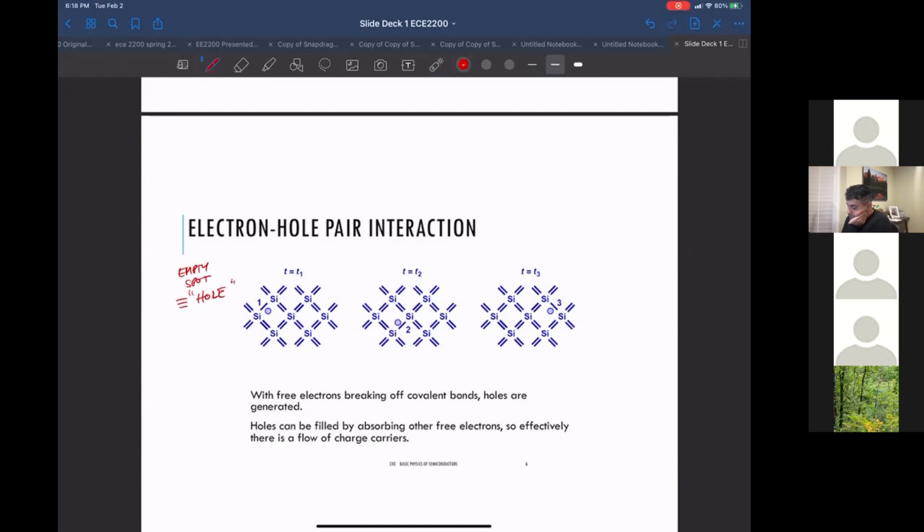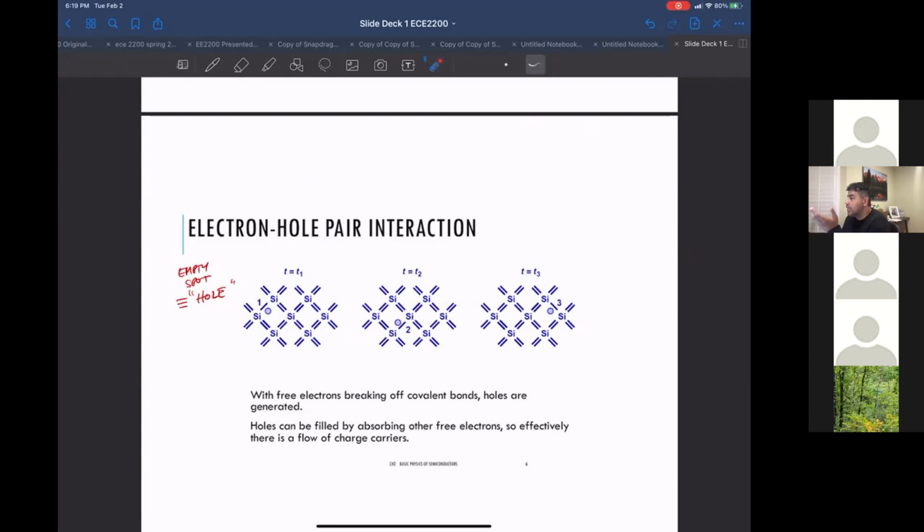Because of this hole, it can steal from adjacent electrons without any of them becoming free, and it can actually switch spaces with this hole. So the hole can move from here to here, then here, then here, by these electrons swapping their positions for this lack of an electron.